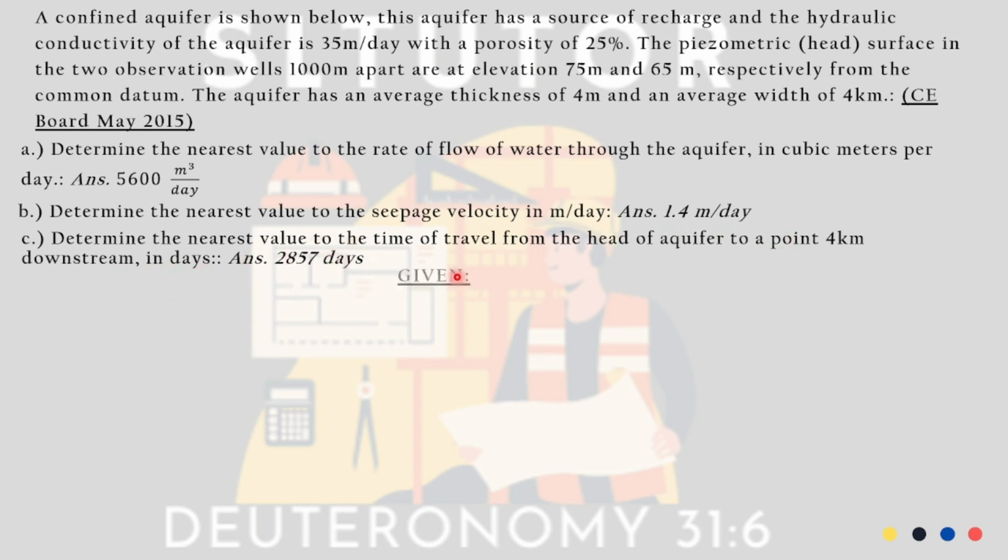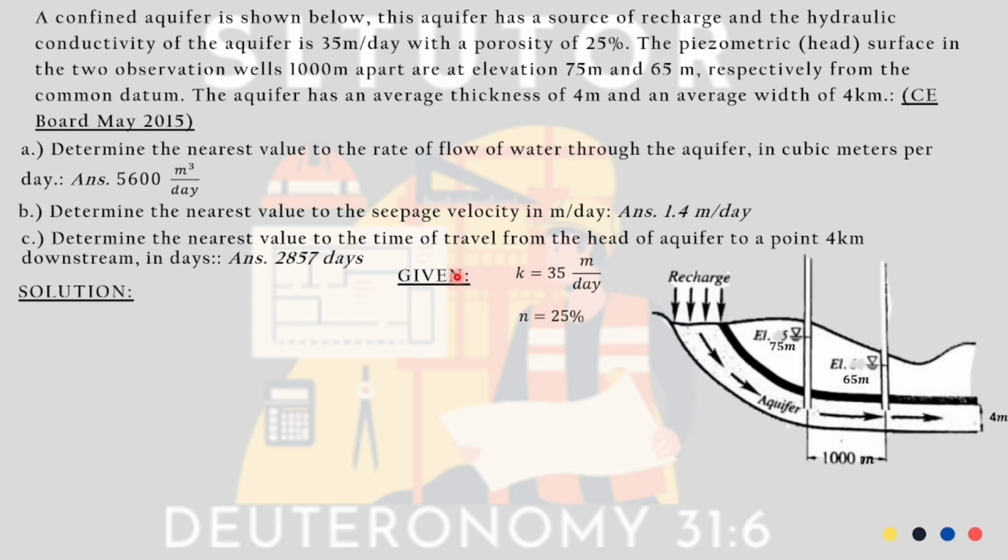So, let's get this started. Given N is 25%, K 35 meters per day, solution. Ito po yung figure natin. Ito po yung elevation. Binura ko lang po kasi kinuha ko lang rin naman to sa ibang problems. Nag-iba lang talaga yung given nila.